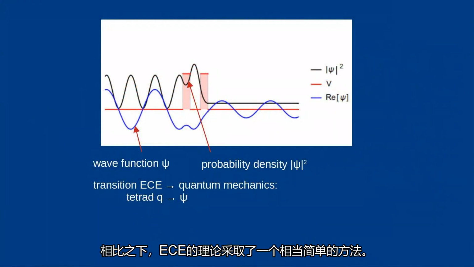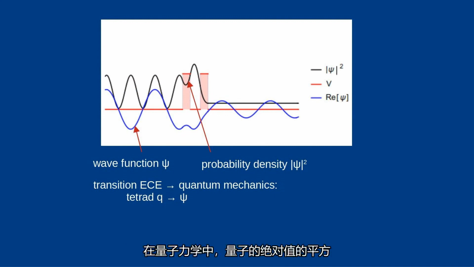In contrast, ECE theory takes a fairly simple approach. In quantum mechanics, the square of the absolute value of the wave function reflects the probability of a particle being present. ECE theory now identifies, on a microscopic level, the basic function of geometry, the tetrad, with the wave function.